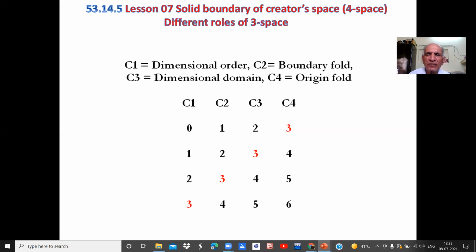So in respect of 3 space, we can visualize that 3 space is the origin of hypercube 2, 3 space is domain fold of hypercube 3, 3 space is boundary fold of hypercube 4, and 3 space is dimension fold of hypercube 5.